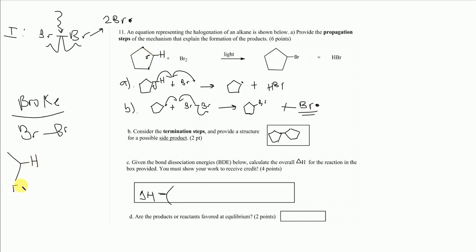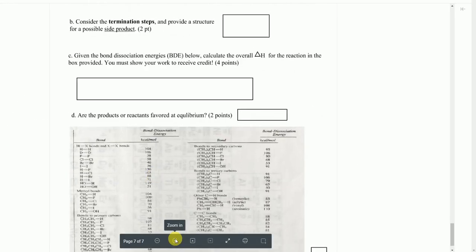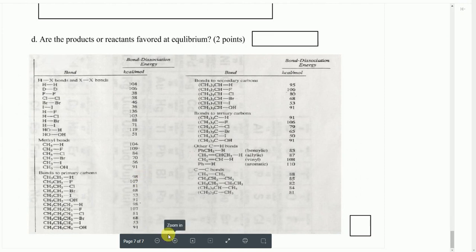And then I formed a secondary carbon bromine bond, and I also formed an HBr bond. Okay, so I'm doing these energies minus these energies. So let's just look over here. So I look for those values.